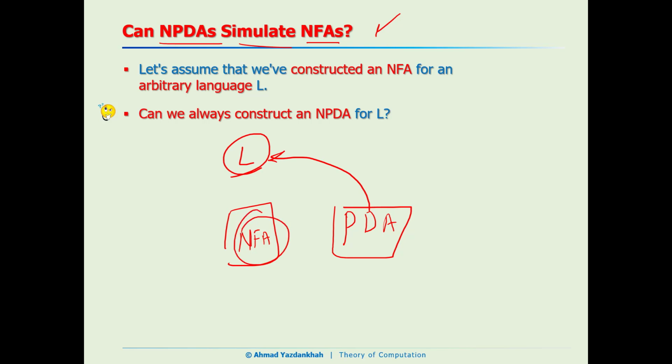So one way is to convert the definition of this NFA to a PDA. If I can do that, then in fact with a very simple algorithm I can convert the definition of an NFA to a PDA. So in that case we answer yes. Whatever an NFA can do, PDAs can do as well.